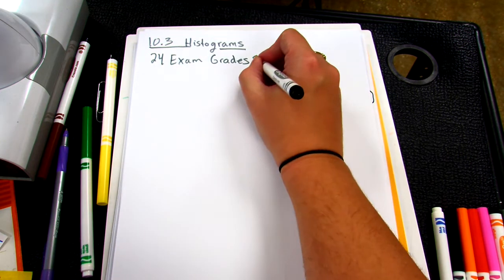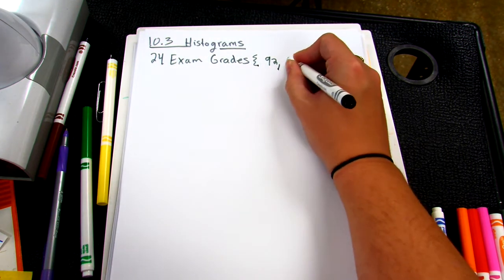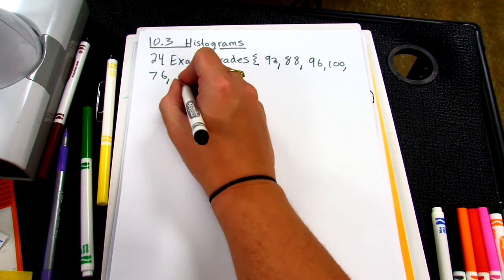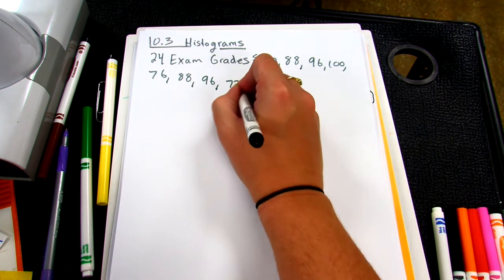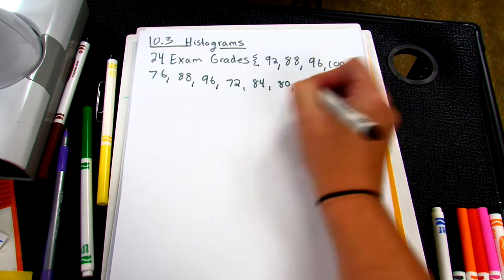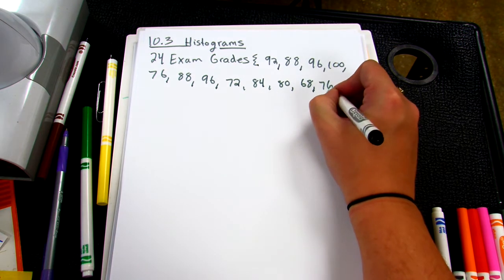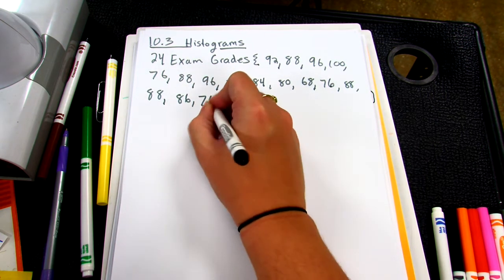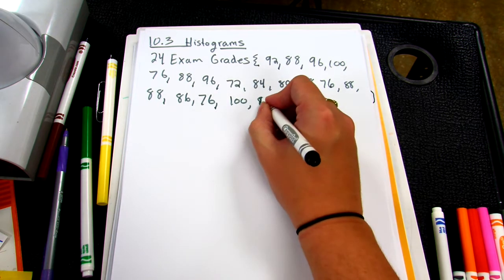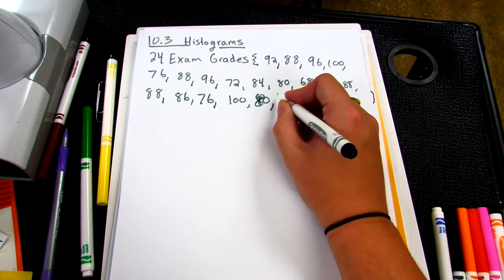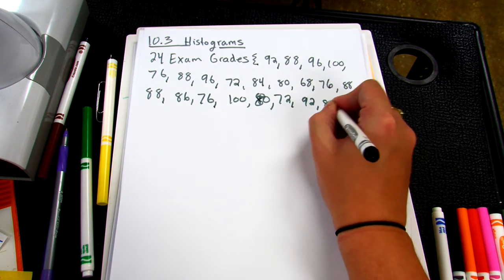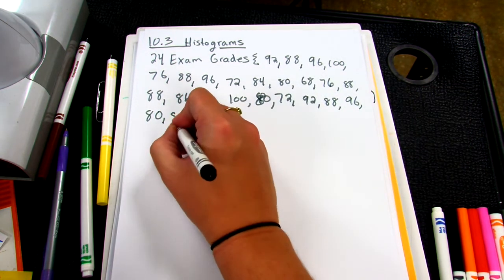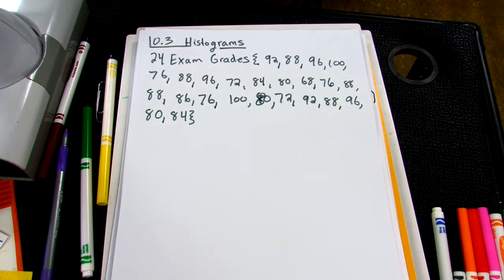And we have the following numbers: 92, 88, 96, 100, 76, 88, 96, 72, 84, 80, 68, 76, 88, another 88, 86, 76, 100, 80, 72, 92, 88, 96, 80, and 84. Okay? So that is our data that we are going to be working with.